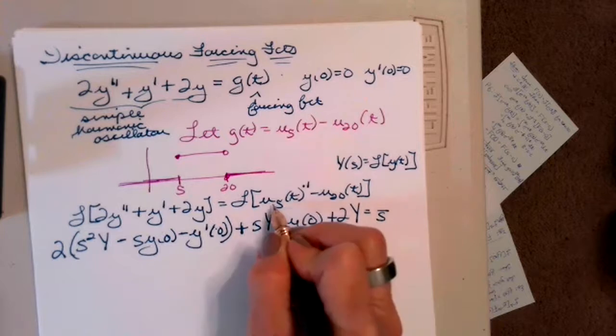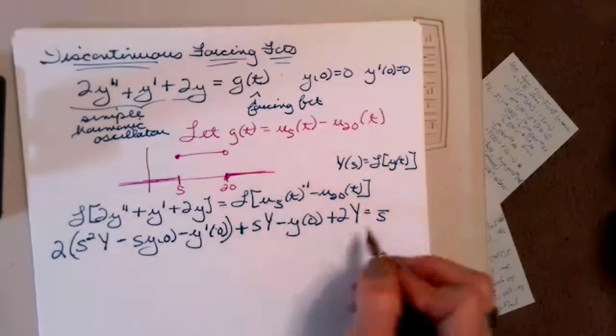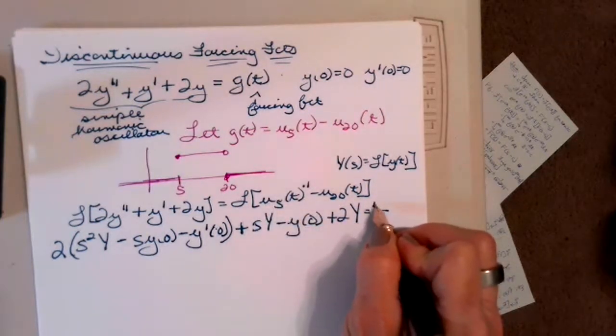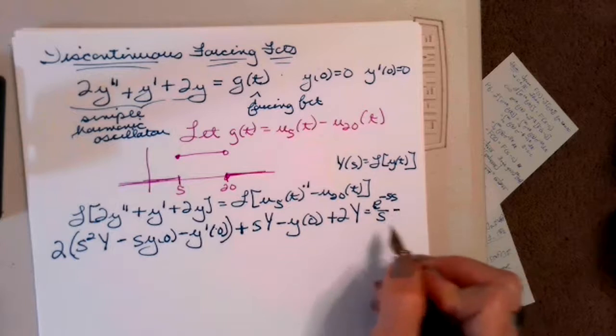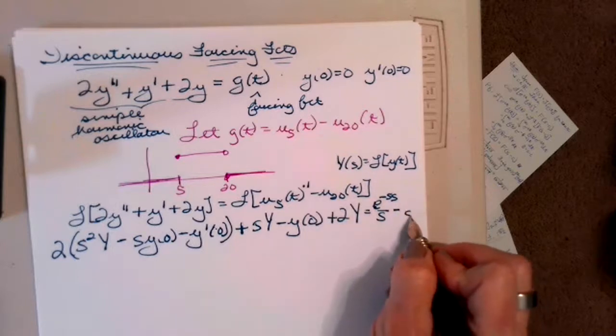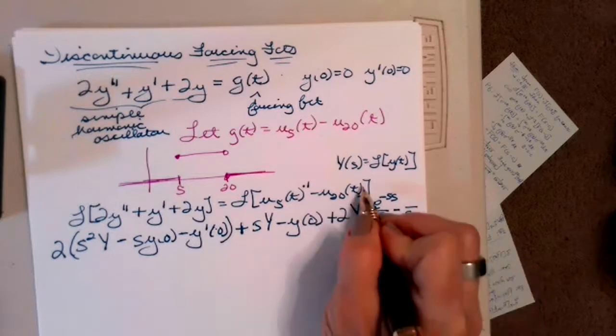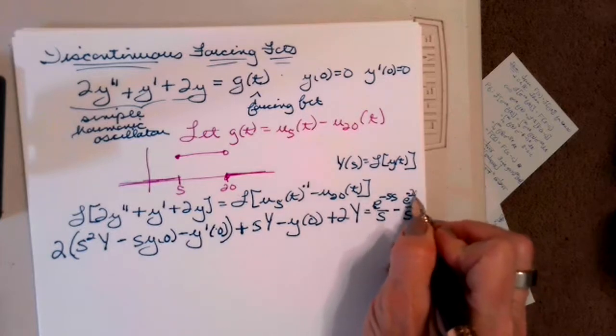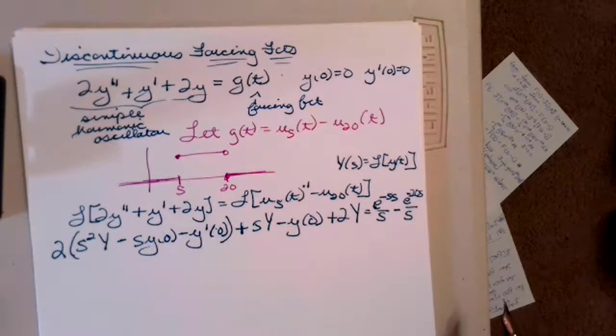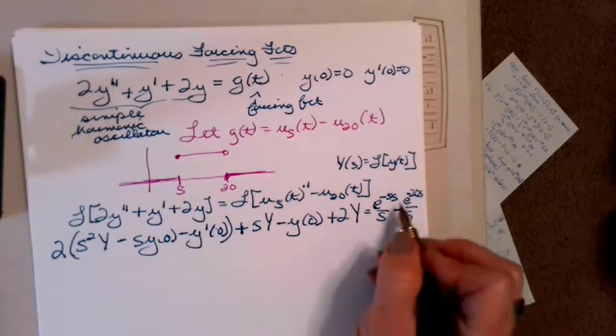But then you have to multiply, because of the u5 term, times e to the minus 5s. And then with the 20, you'll have a 1 over s because it's multiplied times 1, and you have an e to the minus 20s. Hopefully you can read that.